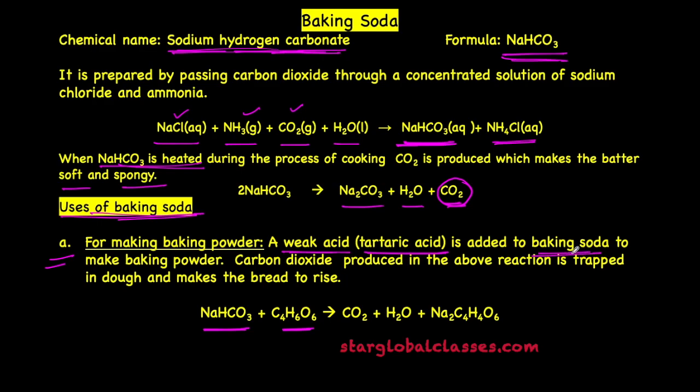We mix water, and when these two react together, what happens? This is sodium hydrogen carbonate, baking soda, and this is the weak acid. When sodium hydrogen carbonate reacts with acid, as you have learnt before, it makes three products: carbon dioxide, water, and a salt, the salt of the weak acid, tartaric acid.